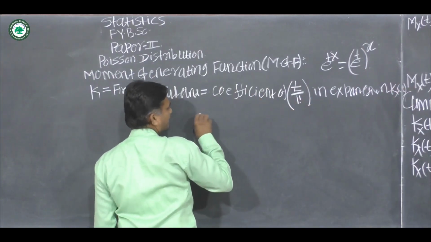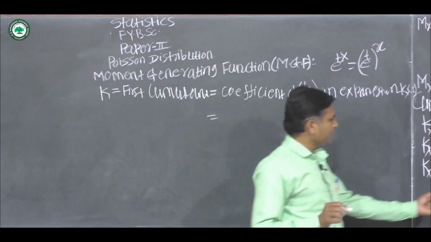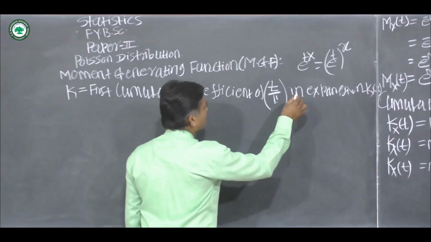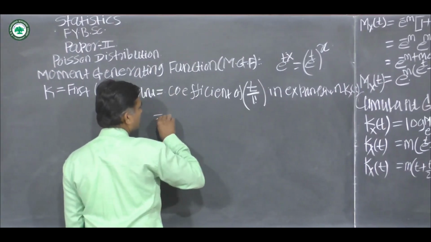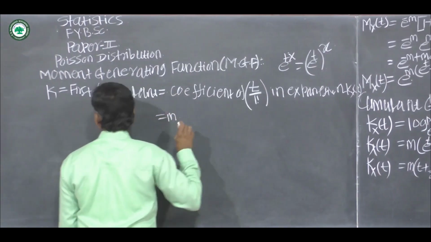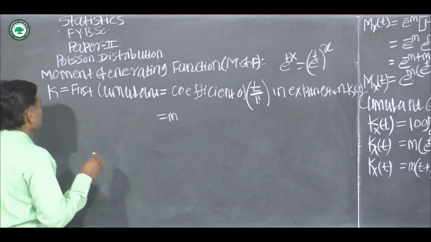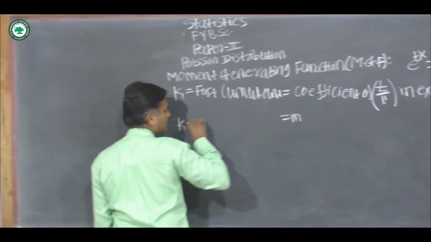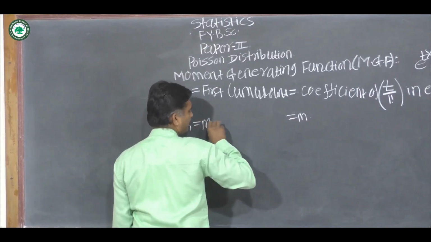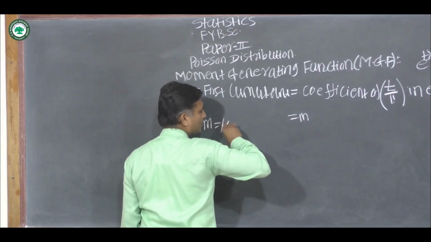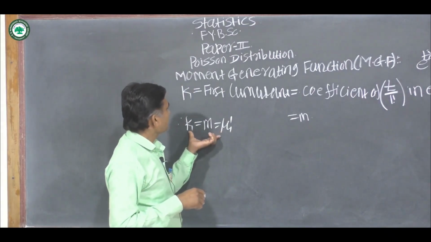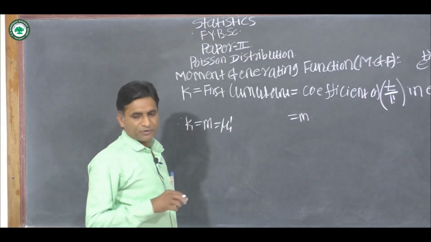We know that the coefficient of t is equal to m only, that is K1 is equal to m, which is equal to mu1 dash. This is the first cumulant of the Poisson distribution.